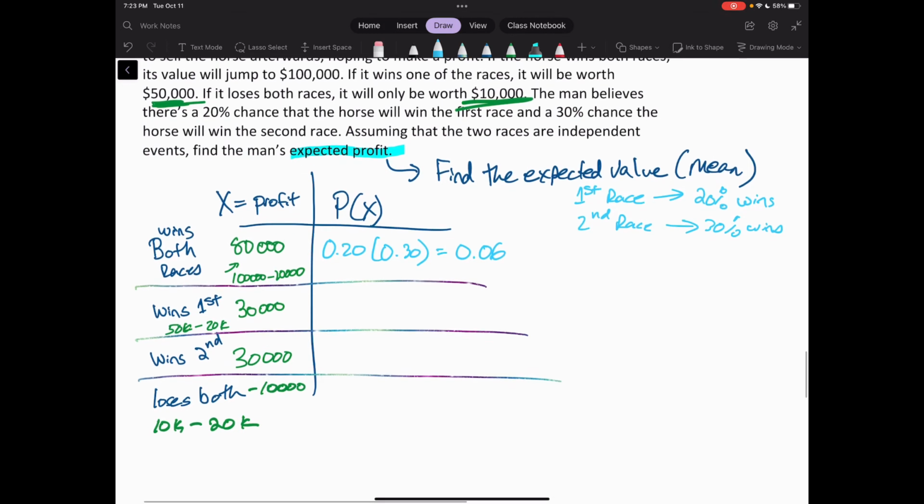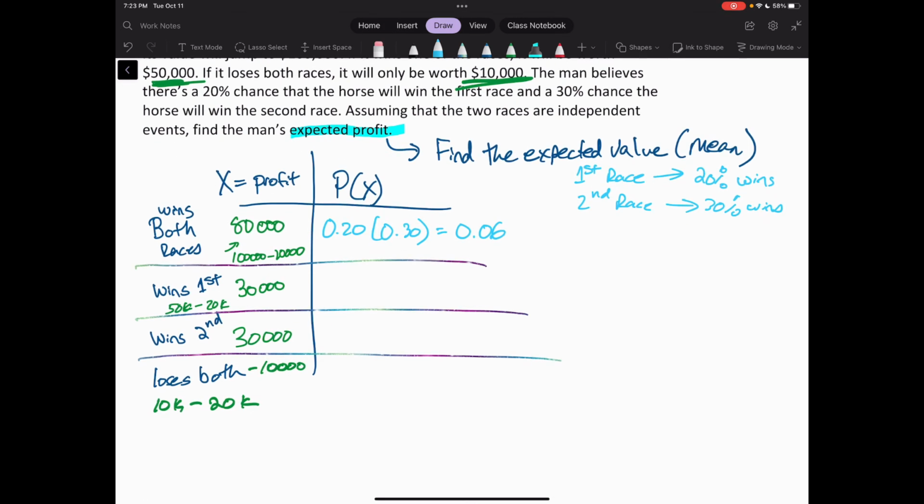What's the probability he wins just the first race? So what has to happen here? We have to win the first race. What's the probability we win the first race? 20%. And then we have to lose the second race. Well, if there's a 30% chance that we win the second race, the probability that we lose that second race is 70%.